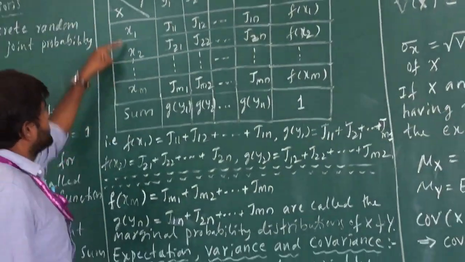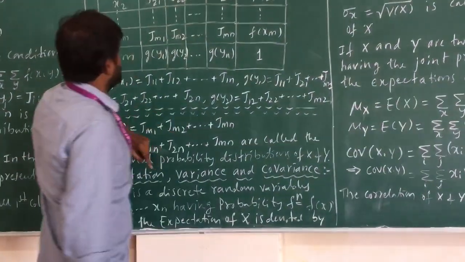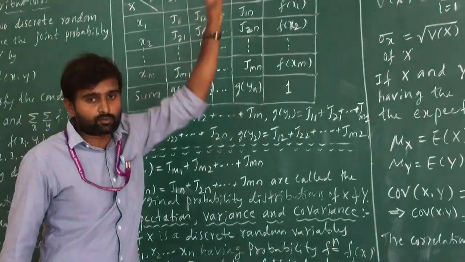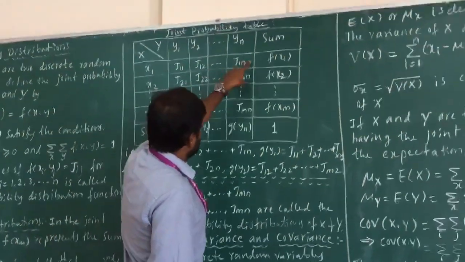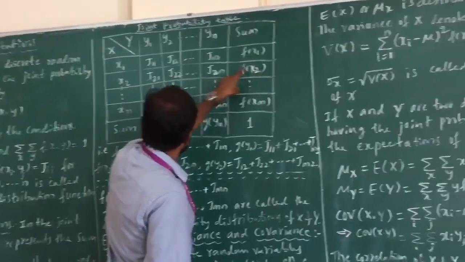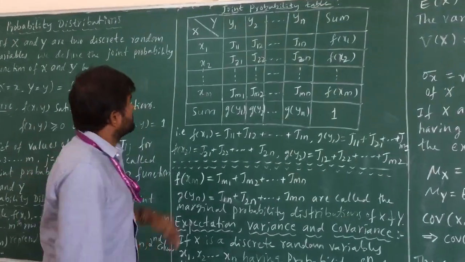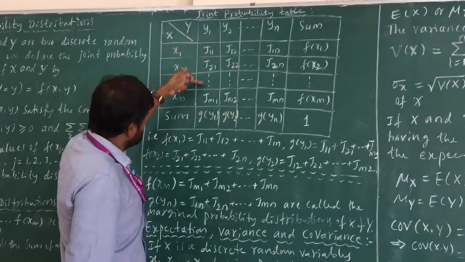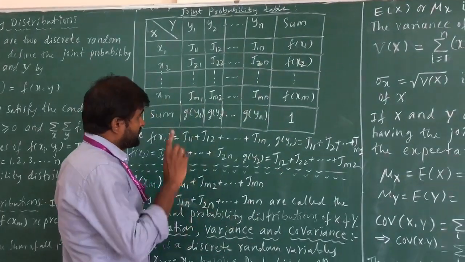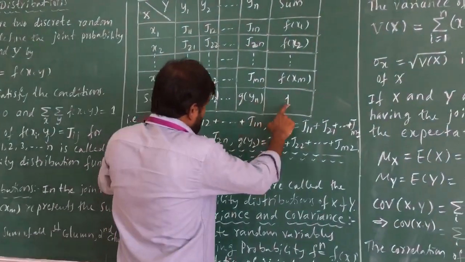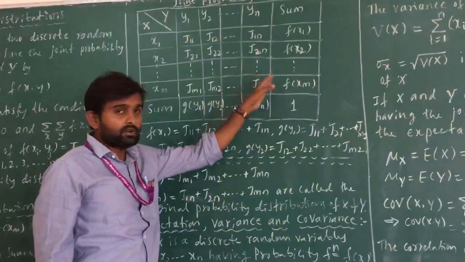Along the top y1 plus y2 and so on up to yn. Here, the sum of the first row equals f of x1, the second row equals f of x2, and so on up to f of xm. Similarly, column wise, the sum of the first column equals g of y1, and so on. Finally, this sum equals 1 and this sum equals 1. This total is always 1.